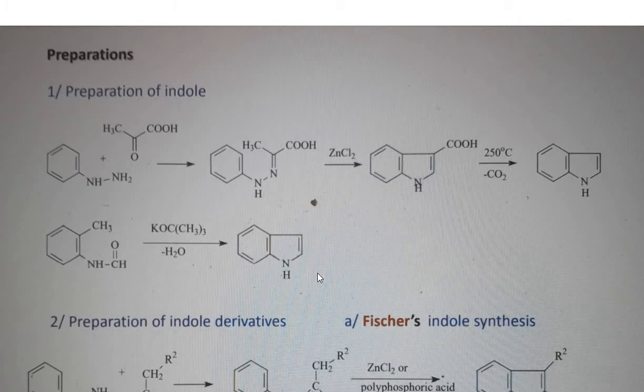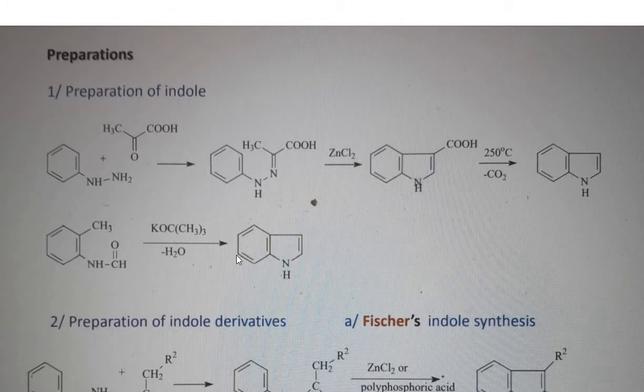So how will you prepare indole or benzopyrrole? Starting from this compound, there is formation of a nitrogen-carbon double bond, which is known as a Schiff base. After the zinc reaction you will get this product, and after decarboxylation you will get this.